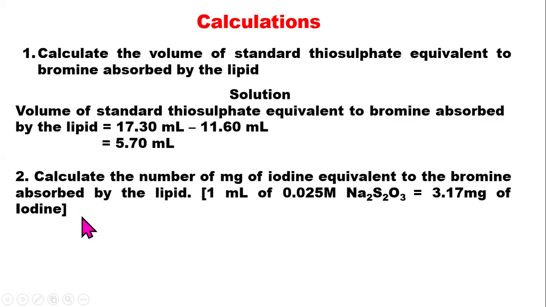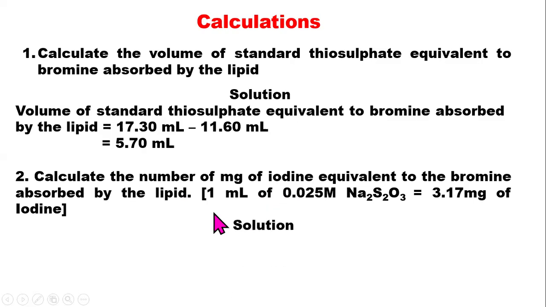And we go to the next question. It says calculate the number of milligram of iodine equivalent to bromine absorbed by the lipid sample. And we should remember that the standard given to us is that 1 ml of 0.025 sodium thiosulfate is equivalent to 3.17 milligram of iodine. So we are going to use it for our calculation.